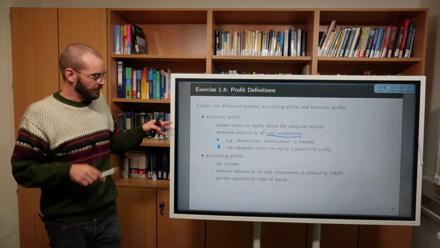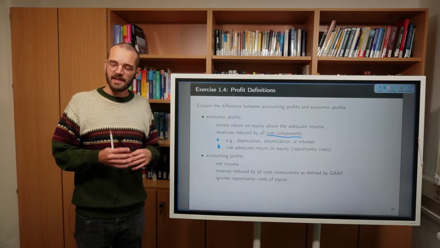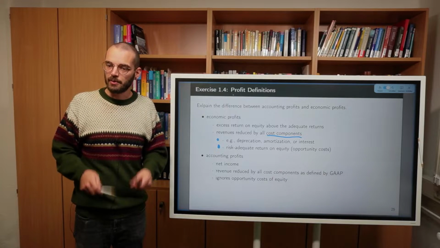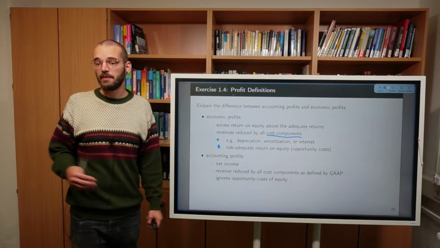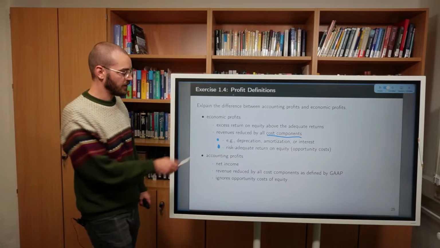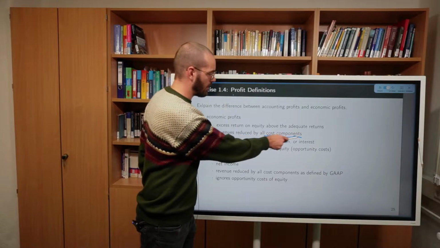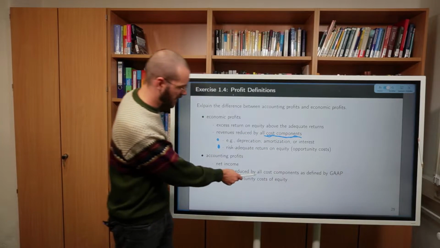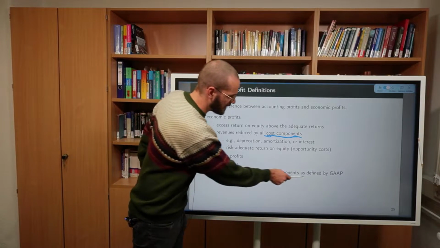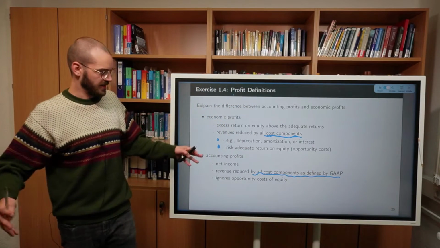You will quickly notice that this so far is quite similar to what we were just talking about, and it is maybe not so easy to see the difference, because we are talking about all cost components, and over here we have all cost components as defined by these standards.